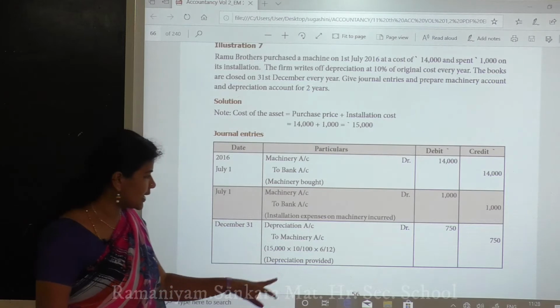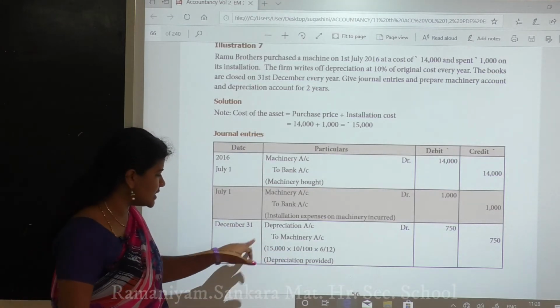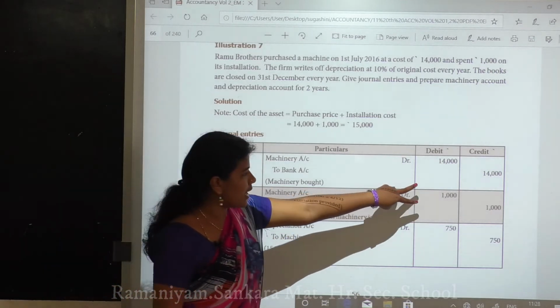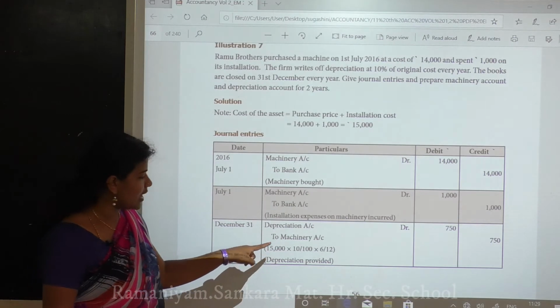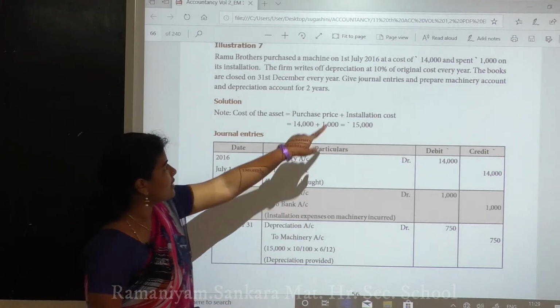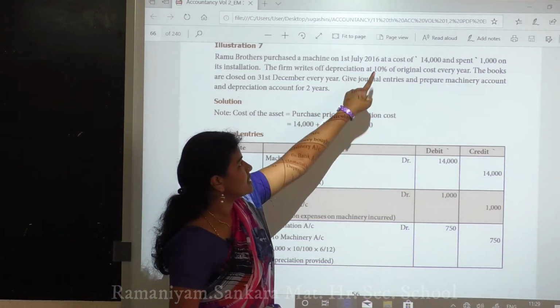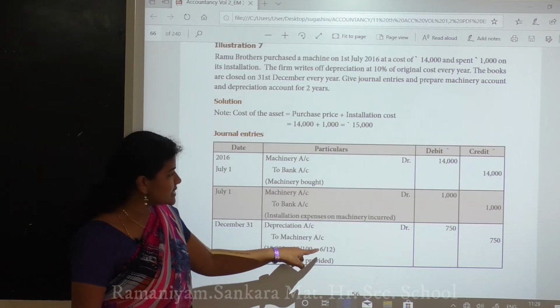So how do we calculate this? 15,000 into 10 divided by 100. Actually this 15,000 is both the amounts. Look at here, this 15,000 we have to take over here, into 10 divided by 100. This 10 divided by 100 is the percentage, students, this is 10. And 6 divided by 12.